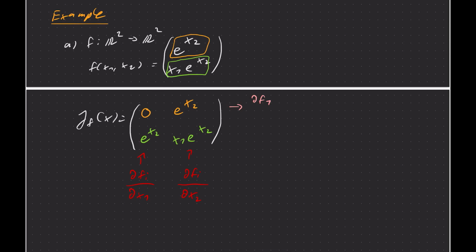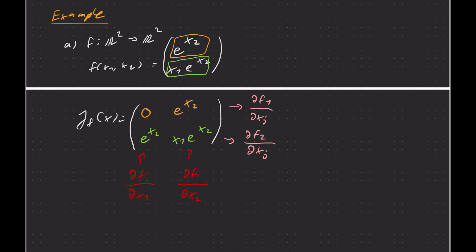So this row consists of df1 dxj, and this row here consists of df2 dxj. So basically you just differentiate the rows, each row by itself, and that's it.